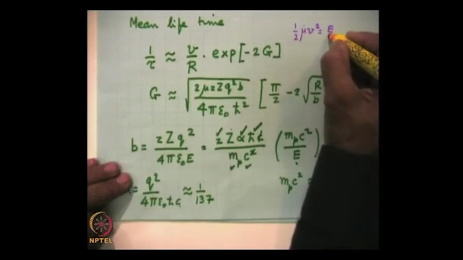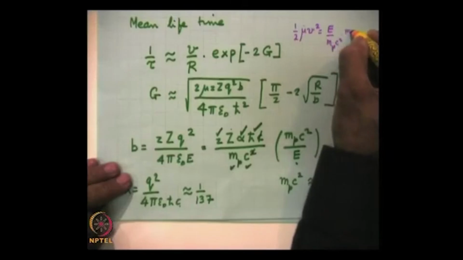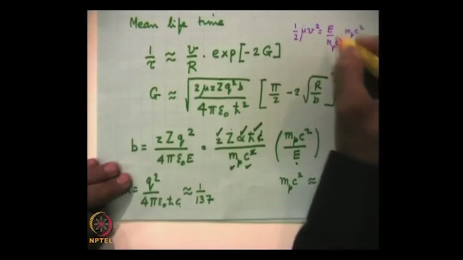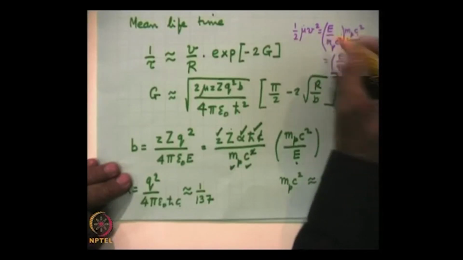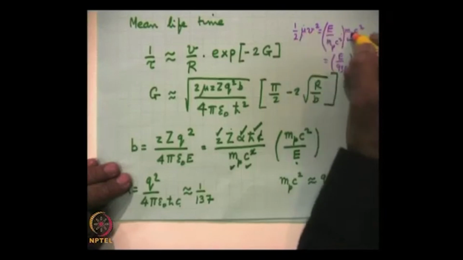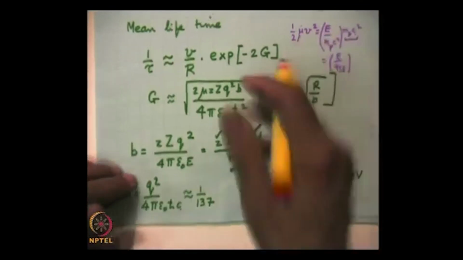You divide this by m_p c square and multiply by m_p c square, so this part is E divided by 938 MeV, and m_p you use in kilograms, c is so much, and the mass of the alpha particle is 4 times m_p. So, using that you can obtain an expression for V in terms of the energy of the alpha particle.